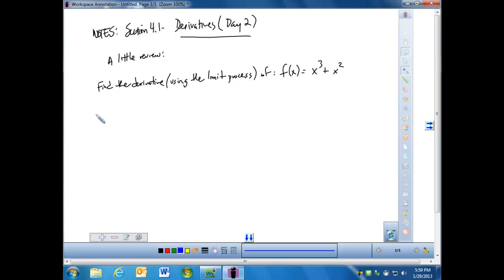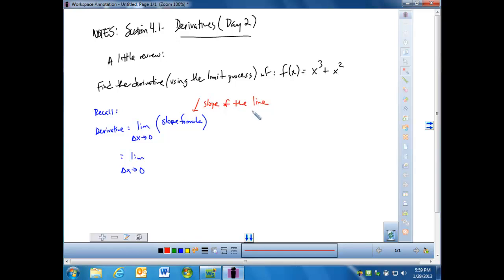Just a little reminder here. Remember that the derivative is defined as the slope of the line that is tangent to the given function. Since the slope is constantly changing for this function, we're going to look at it from a limit, and we are going to find the limit as that change in x approaches 0.